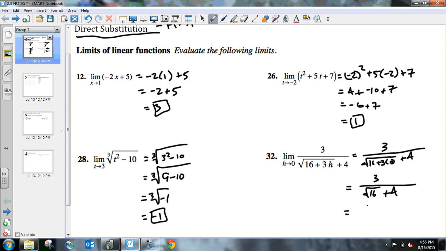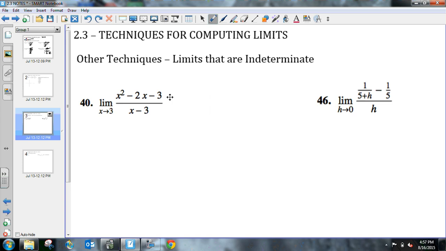And so then we get 3 divided by 4 plus 4, which gives us 3/8. Okay, so that's the limit value for number 32. So that's what we try first. If we do that and we get numbers, we're good. Okay, let's skip down to number 40.